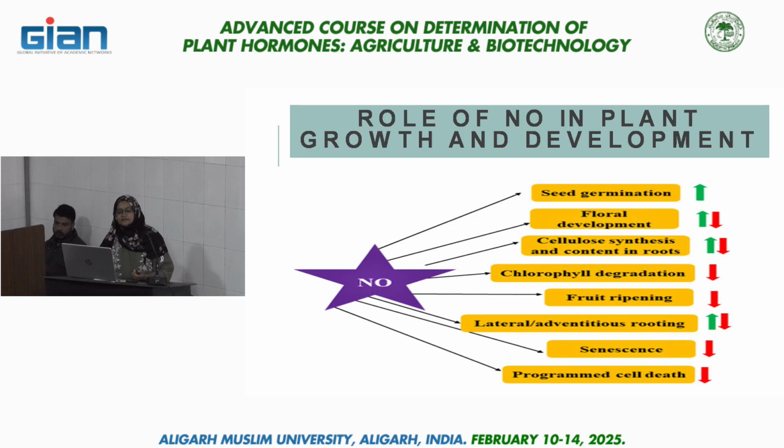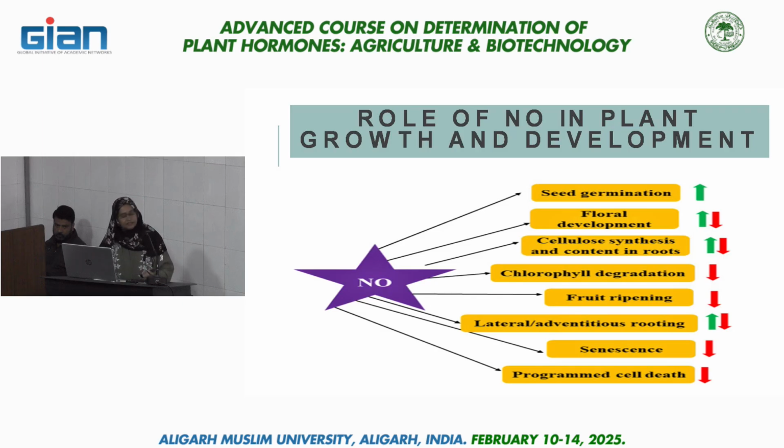And lastly, senescence and programmed cell death. NO delays leaf senescence by reducing oxidative damage and modulating gene expression, and it also participates in the regulation of programmed cell death under stress conditions. So, these are some of the growth and development processes mediated by nitric oxide.